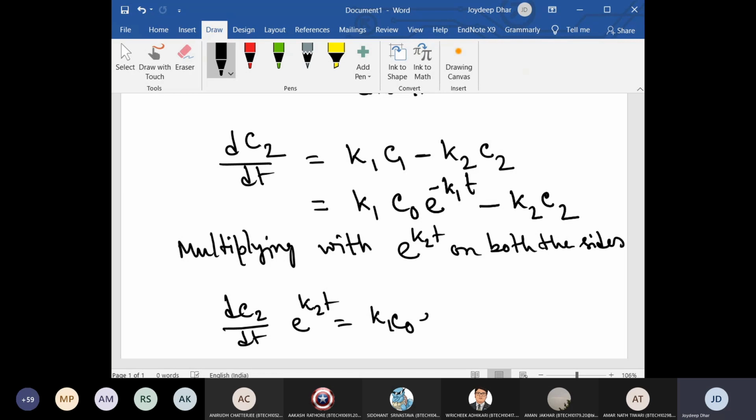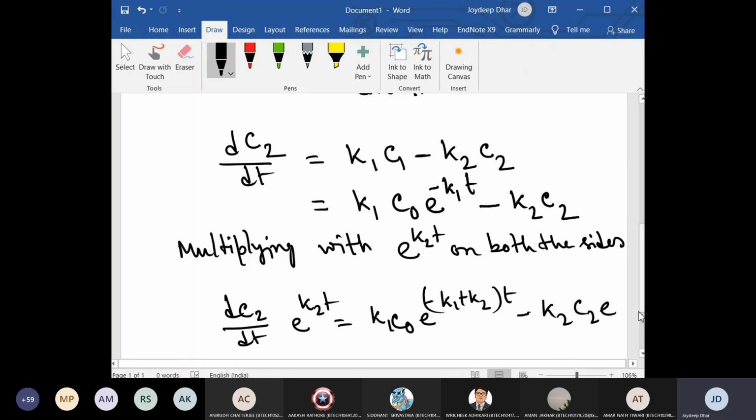Q1 C0 e to the power minus (Q1 plus K2)T, minus K2 C2 e to the power K2T. Okay. So I should change the side.